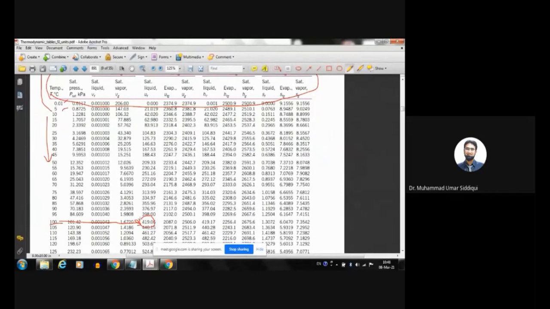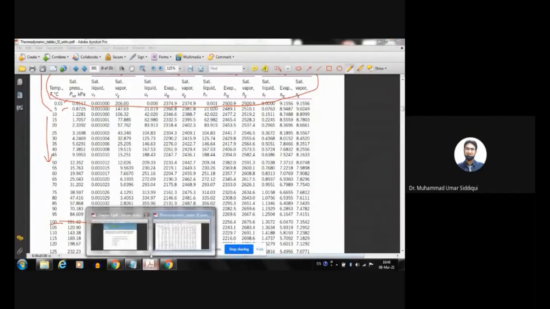So this could be considered an approximate solution. You don't need to go into the compressed liquid table. You can still stay in the saturation table, but you have to ignore the pressure. Take the temperature value, and corresponding to that temperature value, find the F values, and those F values would be considered as an approximate result for the compressed liquid table.